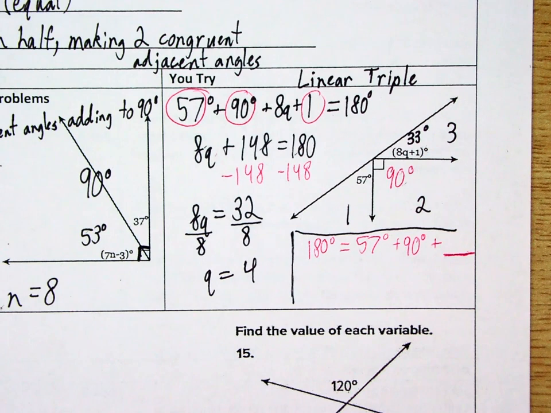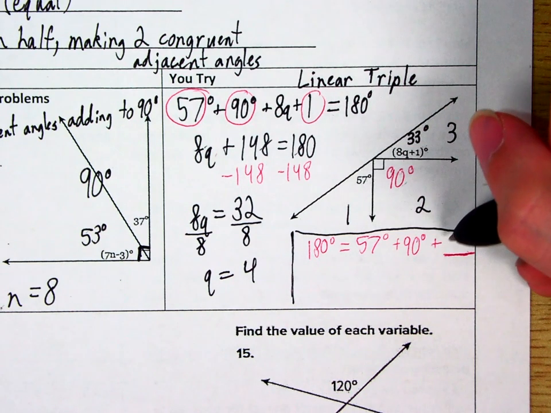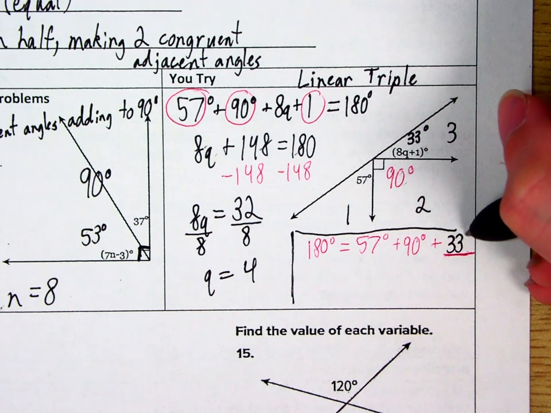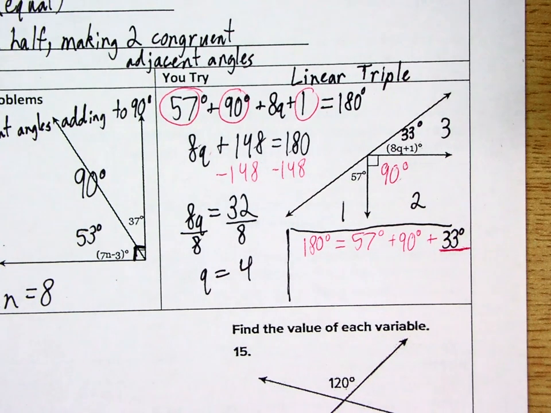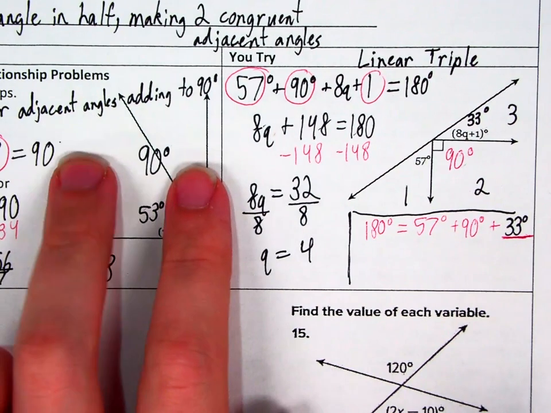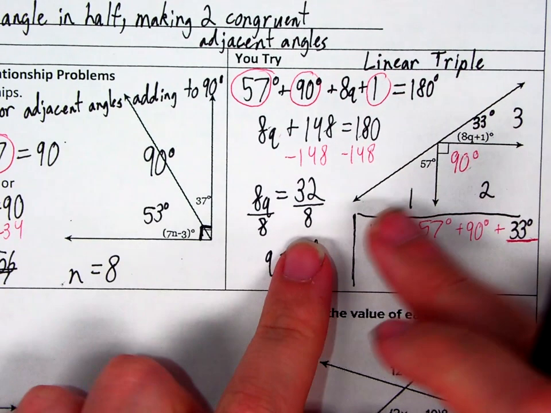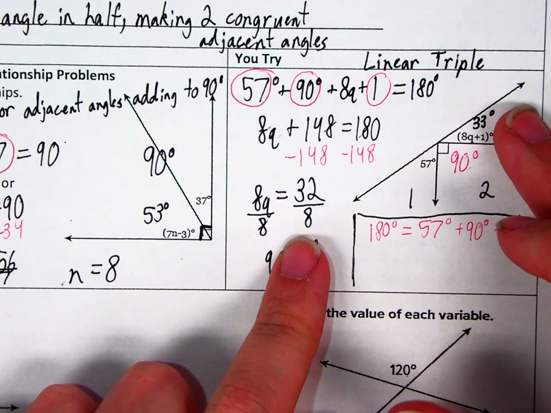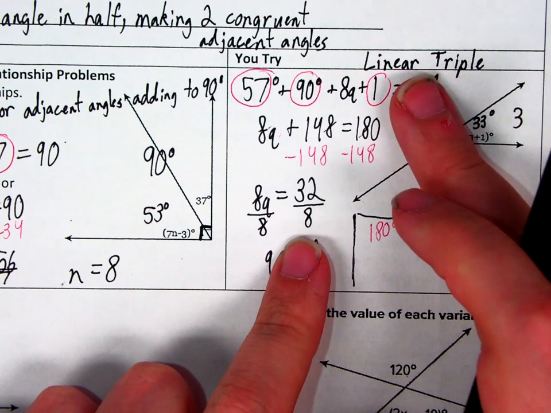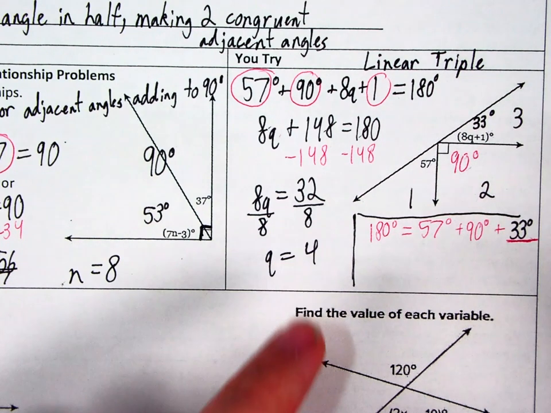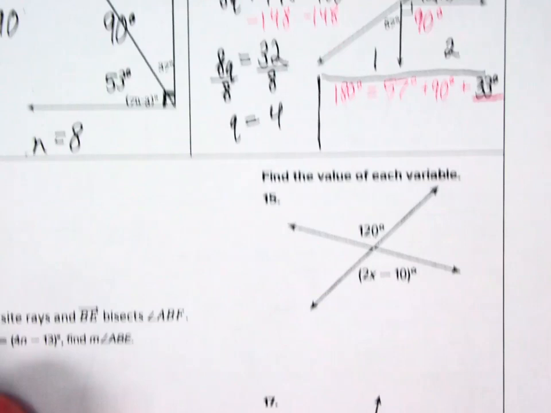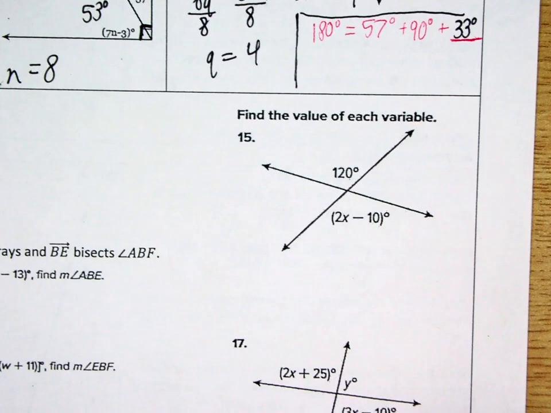And the only thing that makes this equation true is 33. So we dealt with adjacent angles, we dealt with linear, technically linear triple, but you could do the exact same sort of thing with a pair of angles as well. We'll take a look at 15.